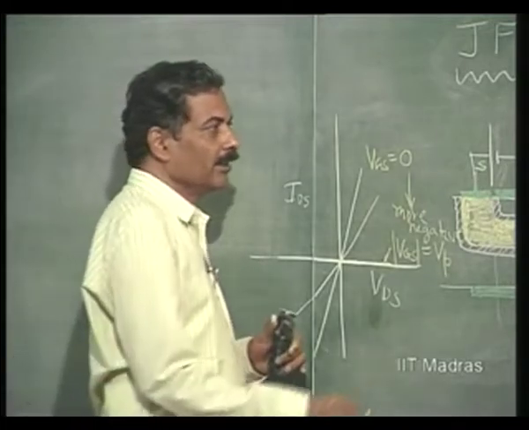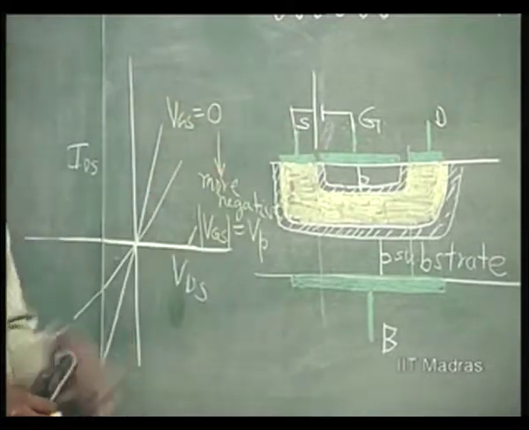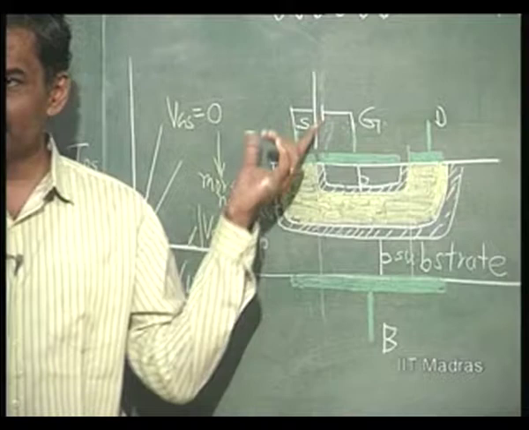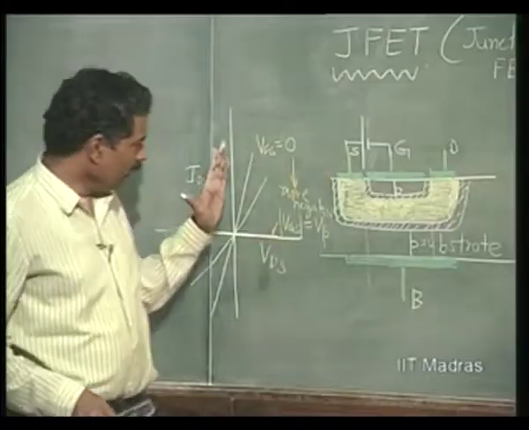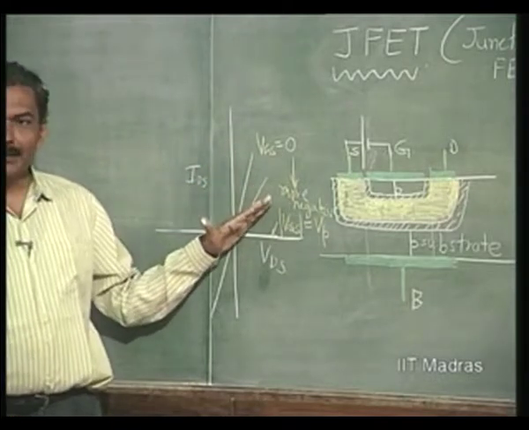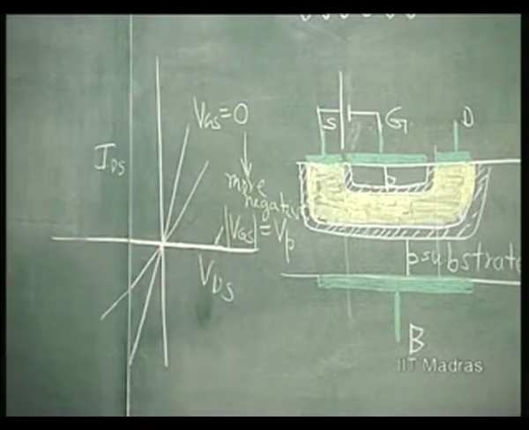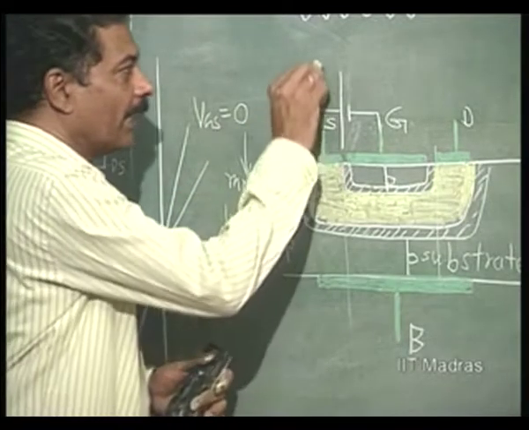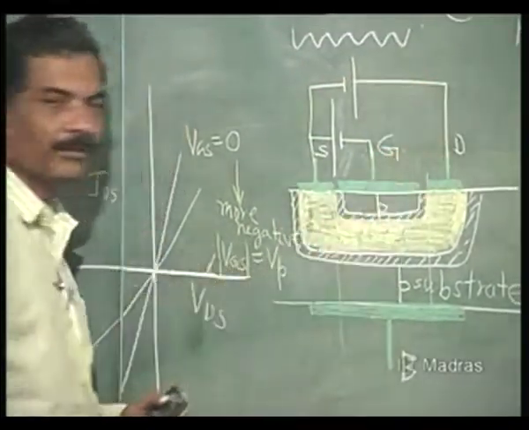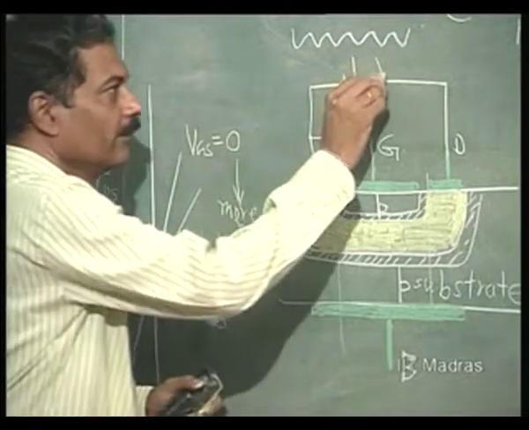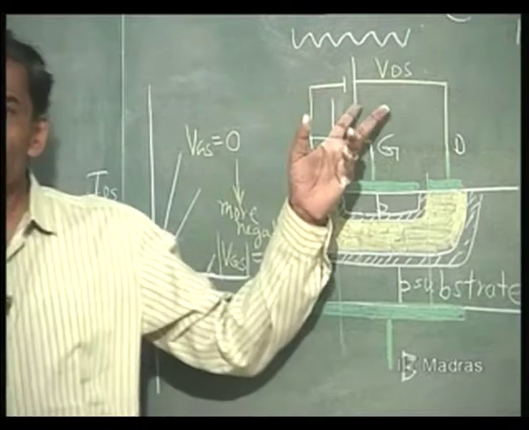Next, for a given value of VGS, it has a certain channel width, and the channel width is going to decrease as VGS magnitude is increased. But now when I apply a value of VDS, why did I apply this polarity?